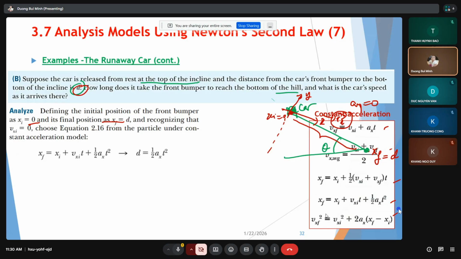They ask us to determine xf, so we can use these formulas. We have xf is xi plus vxi t plus 1/2 ax t squared. xi is 0, and at the beginning vxi is 0, so you can get half ax t squared.